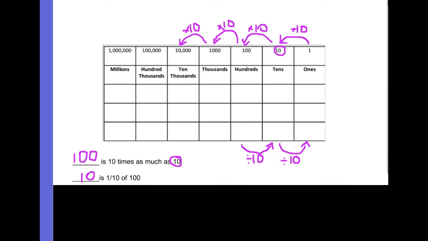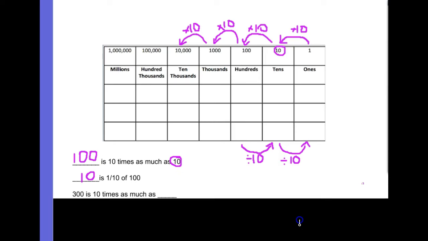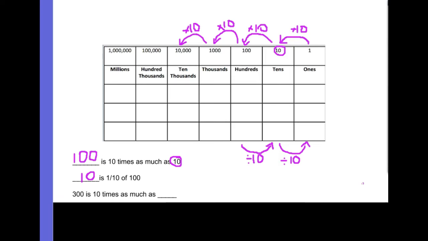Now, we're not always going to be sticking with tens and hundreds. Sometimes you're going to get a different number. So if you're looking at this, it says 300 is 10 times as much as what? So if I look at 300, put 300 in my place value chart right here.